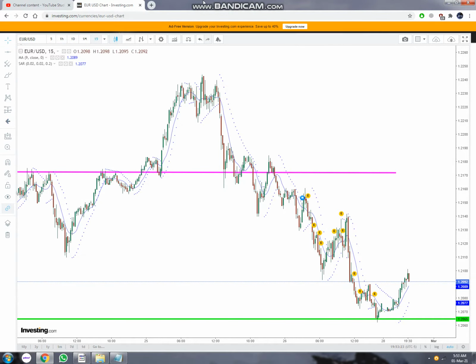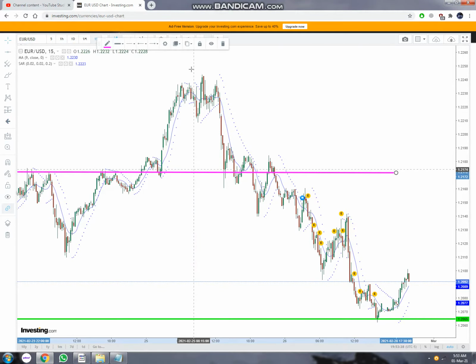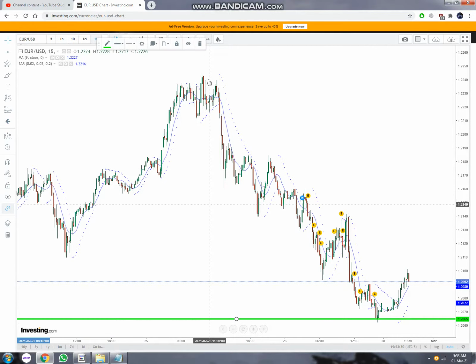It is the same. Now let me show you more indicators. These were the support and resistance levels.